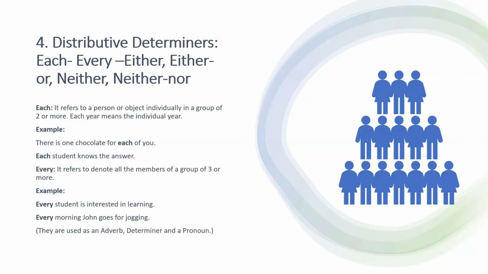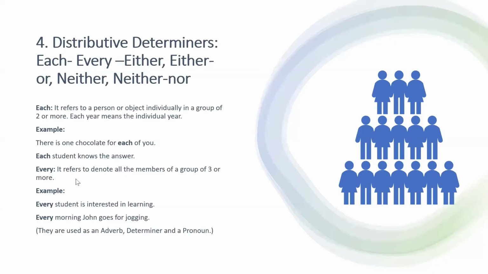And each ear means the individual ear. Example: there is one chocolate for each of you. Each student knows the answer. This is the use of each.